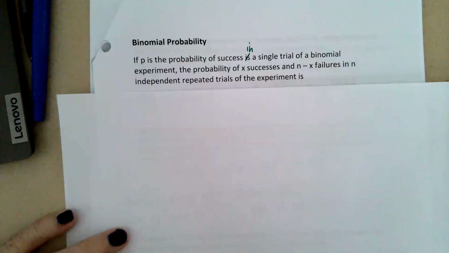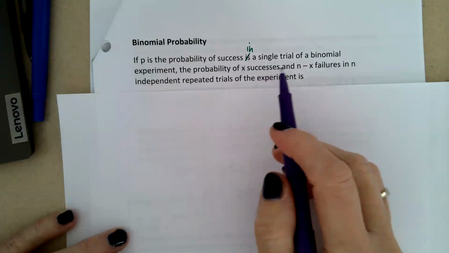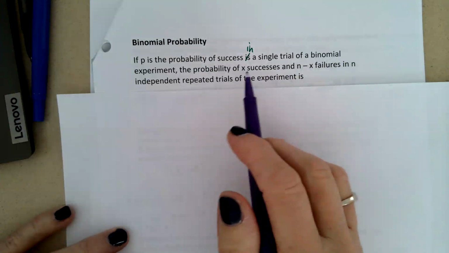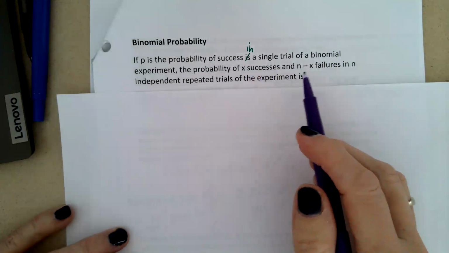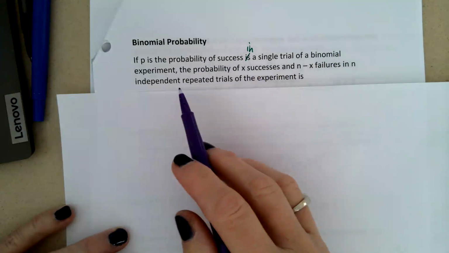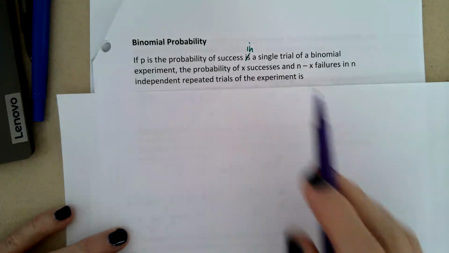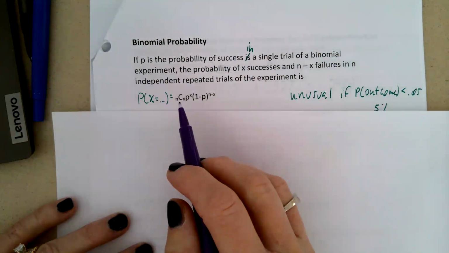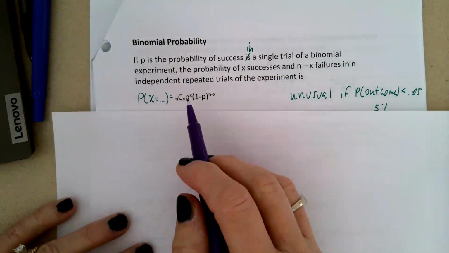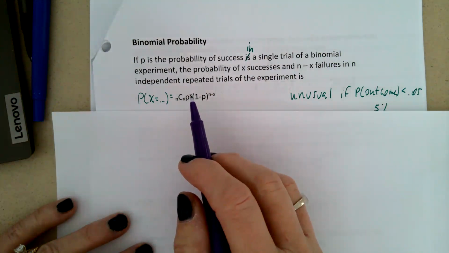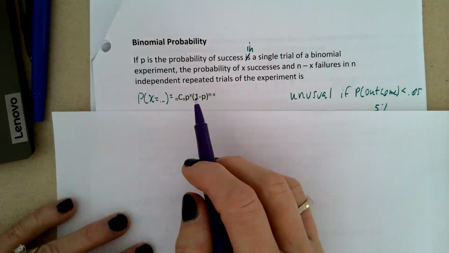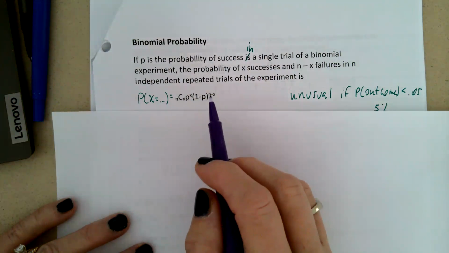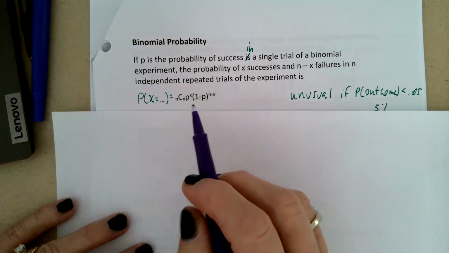So a binomial probability is defined this way: if P is the probability of success in a single trial of a binomial experiment, the probability of X successes and n minus X failures in n independent repeated trials of the experiment is found as follows. We're going to use a combination of n choosing X times the probability of success to the X exponent times 1 minus the probability of success to the n minus X exponent.